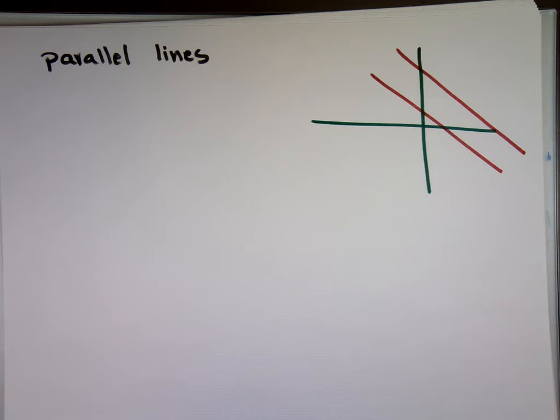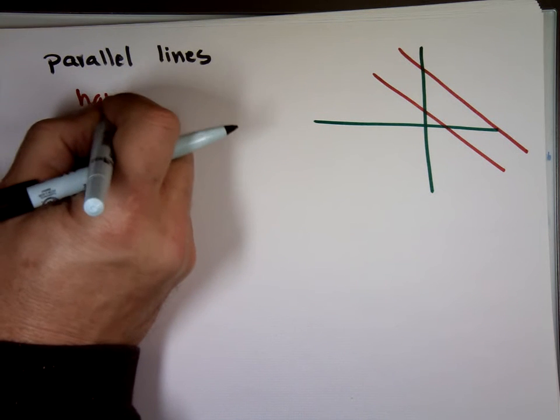So what do we know about parallel lines? They have the same slope.